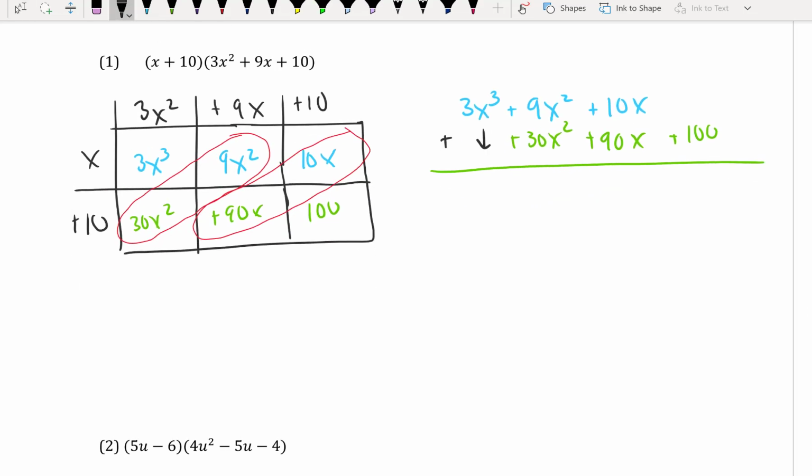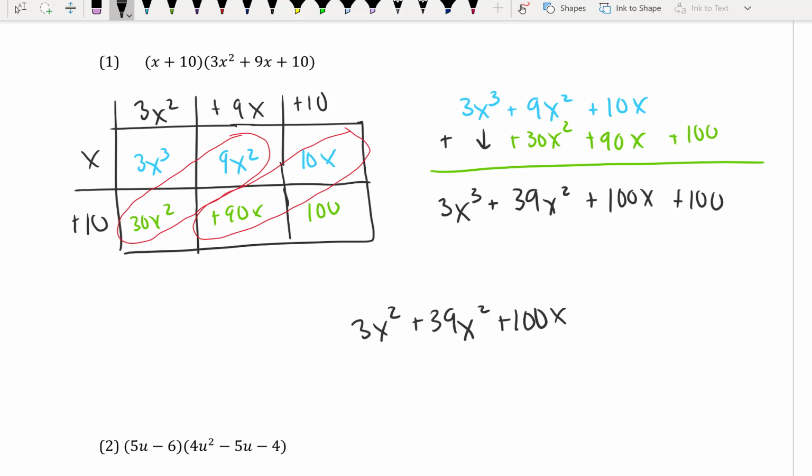So now you know that this is going to be 3x cubed plus 39x squared plus 100x plus 100. So your final answer, 3x cubed plus 39x squared plus 100x plus 100, ends up becoming your final answer.